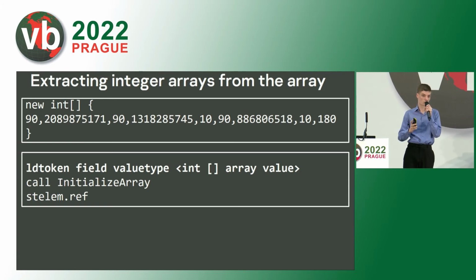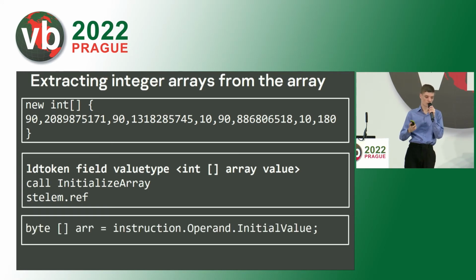It's important to us because the operand, the parameter of this instruction, contains a so-called token. A token is a reference to the array value. In order to extract a value from the token in C# with dfo.dot, we have to take the instruction's operand and then take its initial value method. By doing that, we'll obtain an array of bytes.